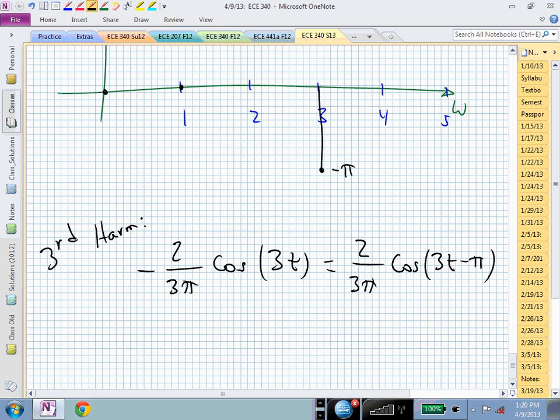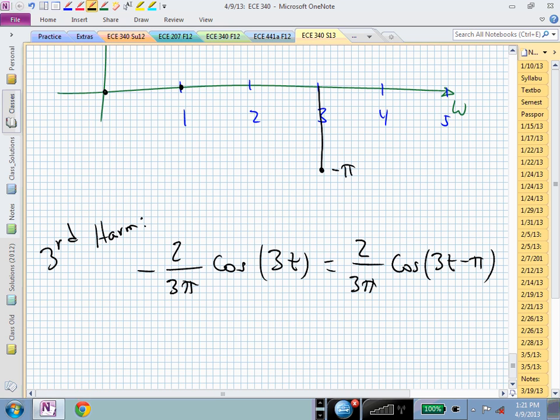Well, the sine of pi is 0, and all we have is cosine of 3t times cosine of pi, and cosine of pi is minus 1, and that now allows us to make this equality. Does that help? And now we have a magnitude and a phase at the third harmonic. That's why I said let's just keep this as a positive value. Let's take the magnitude of this coefficient of the third harmonic, and we'll take the sign and absorb it in as an angle.